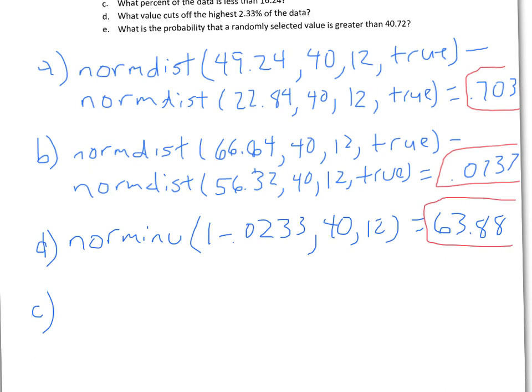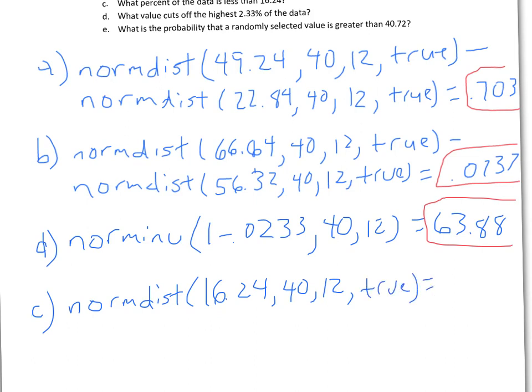I can just do 16.24 in my NORM.DIST. All right? So I'd have NORM.DIST of 16.24 with a mean of 40, a standard deviation of 12, and for some reason we just plain don't need the word true. And you'd end up with 0.0239.